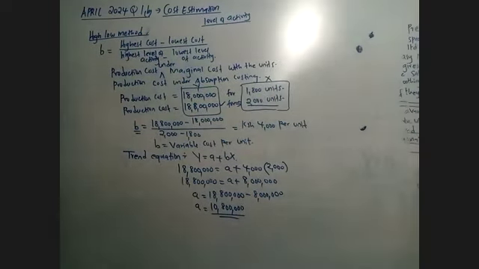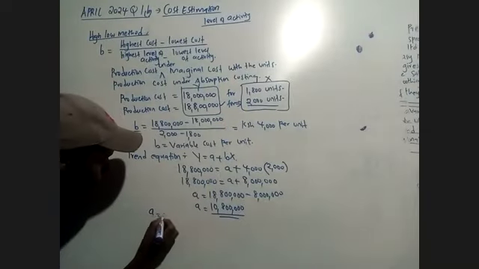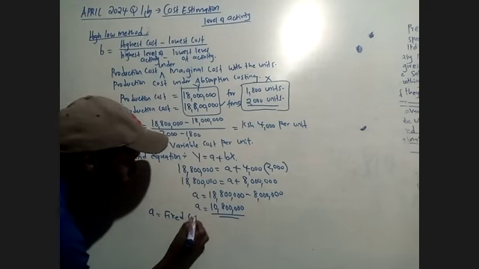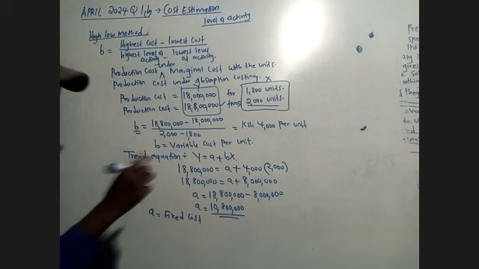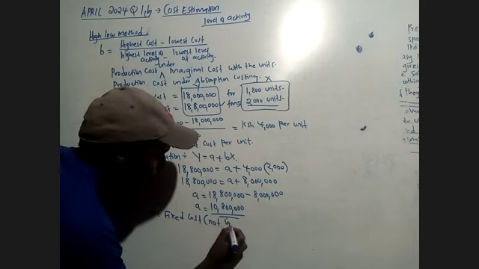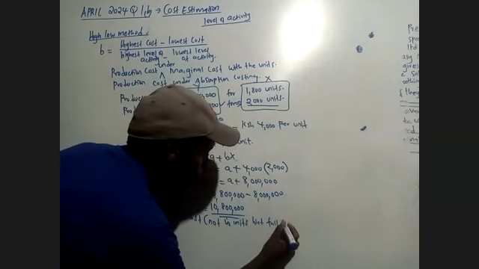Remember from our previous class on cost estimation, we said A represents fixed cost, and it is not in units but full cost.